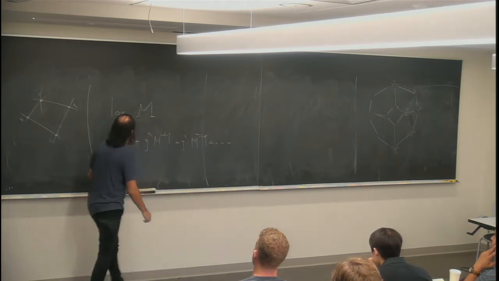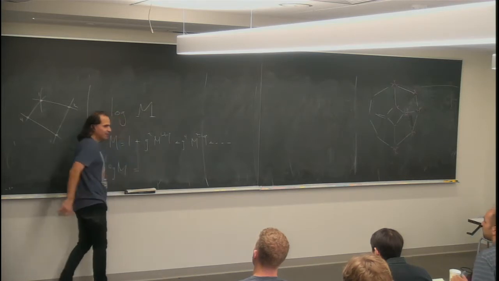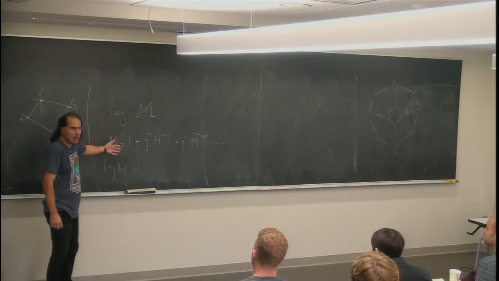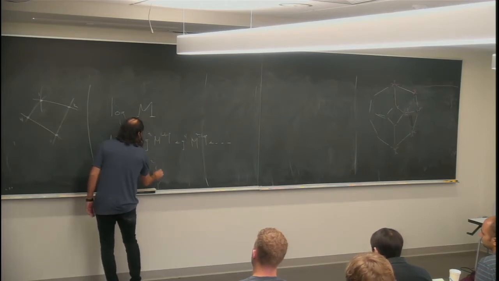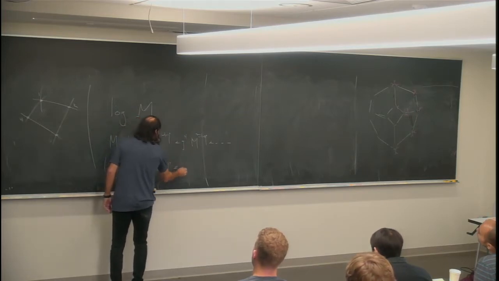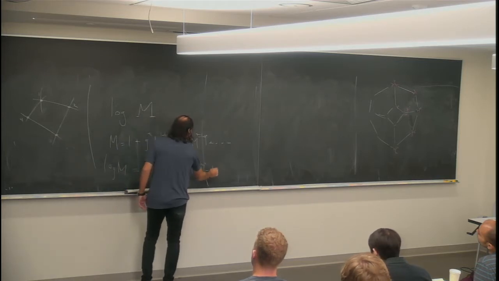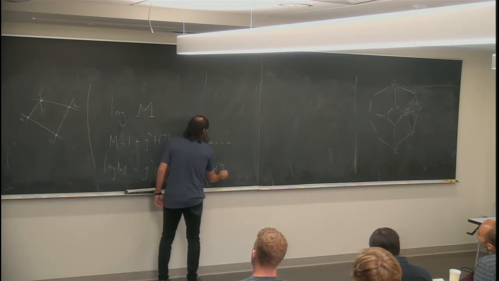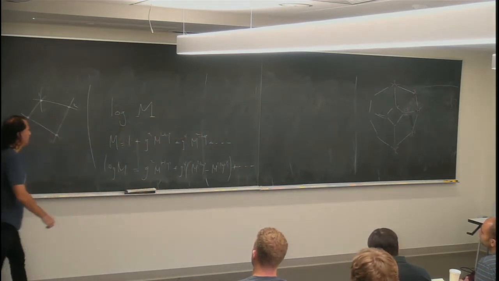So if you look at the log of the amplitude, it just formally means I just expand this thing out as a power series expansion. So the 1 goes away, at g squared it is g squared times M 1 loop. For example, at g to the 4th, I'd have something that looks like M 2 loop minus M 1 loop squared, plus dot, dot, dot. Okay?